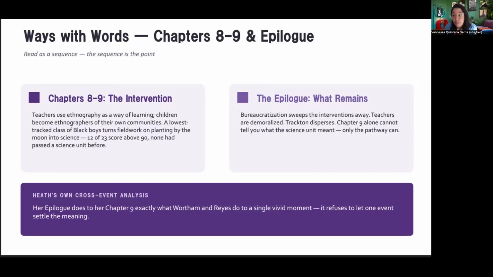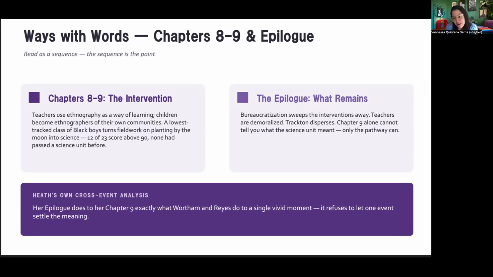They translate what people know about planting by the moon into scientific concepts. 12 of 23 score above 90 on the unit test, and none of them had ever passed a science unit test before. Read on its own, that is a success story.